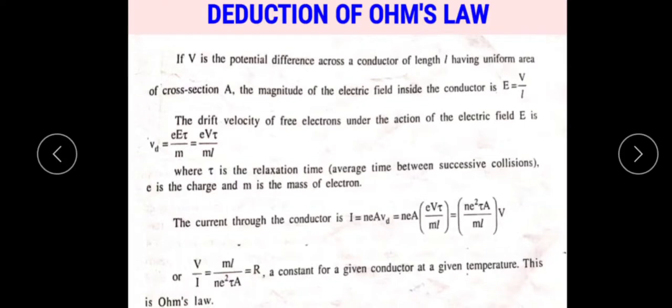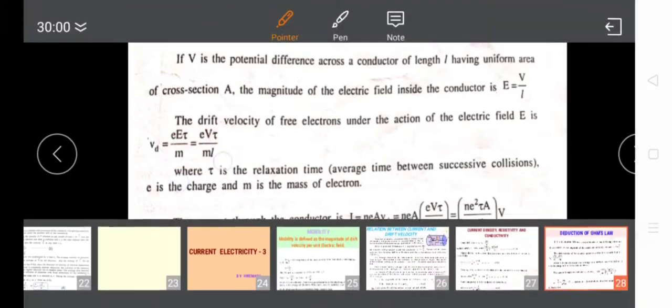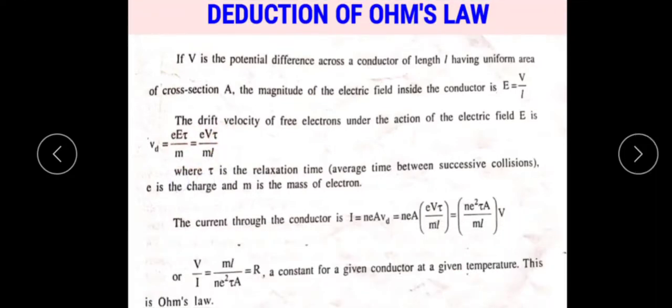Then from this equation, E is equal to V divided by L, so in place of E we write V divided by L. So Vd is equal to e tau by m keep as it is, and in place of E we write V divided by L.